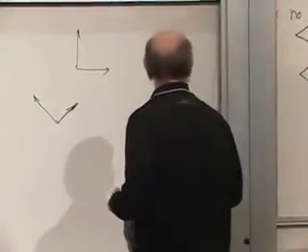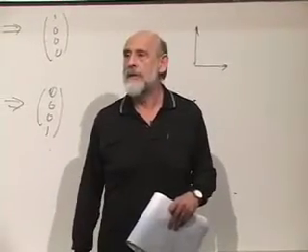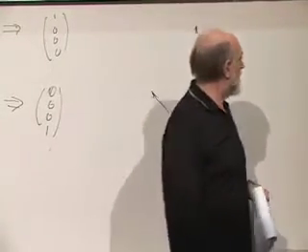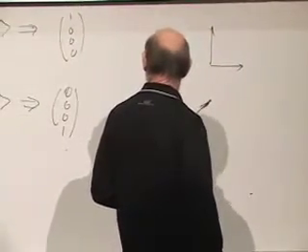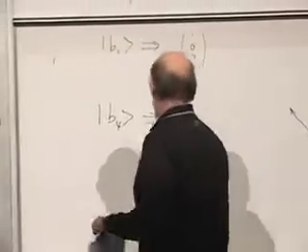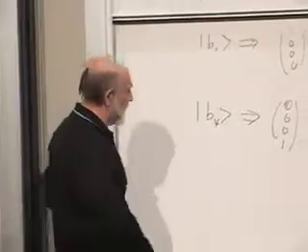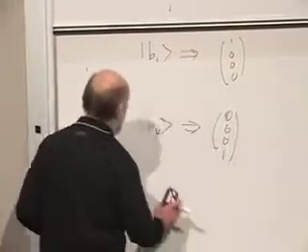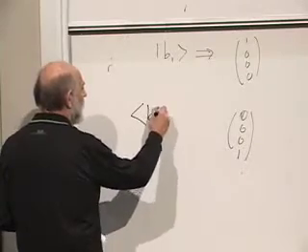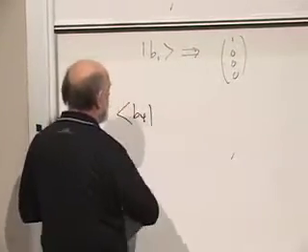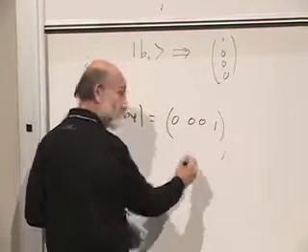Yes? The inner product of a bra with a ket; you look like you're doing the inner product of 2 kets. So you wrote down 2 ket vectors. Oh, yeah, that's right. Let's straighten that out. I should have written B4 as equal to the row vector 0, 0, 0, 1.